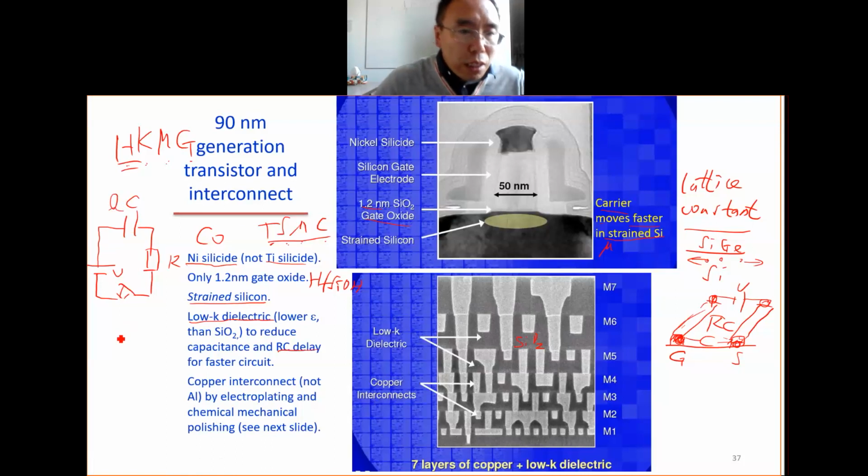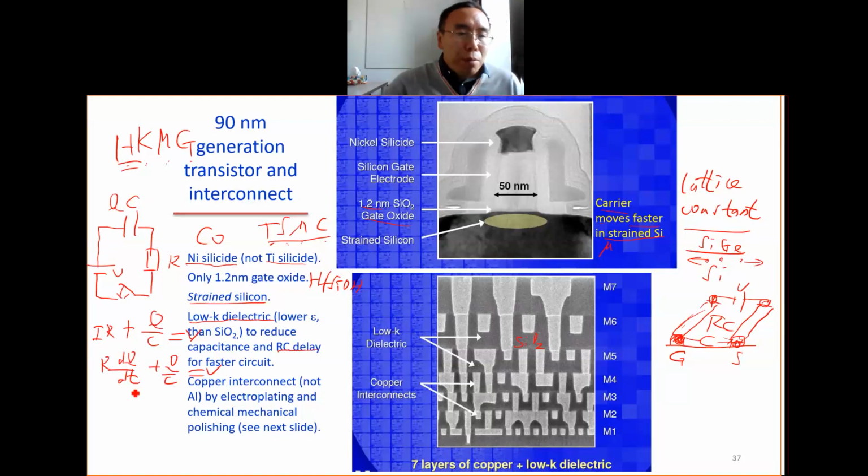So we can write the equation. The voltage drop along the resistance is IR, plus the voltage drop along the capacitance, given by Q over C, equal to V, the applied voltage. We know the current I is the change of the charge, dQ/dt.